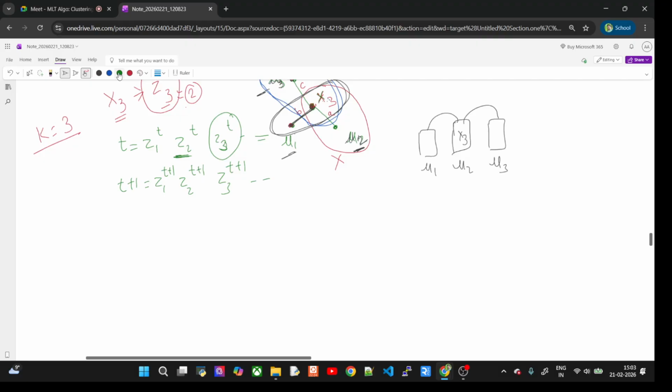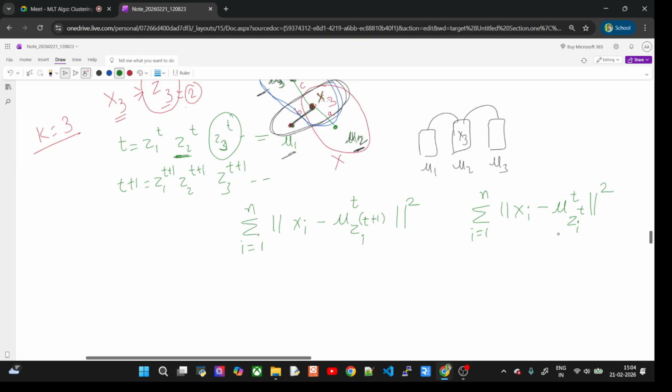So what happened now here: the distance is the sum over i equal to 1 to n of xi minus mu of zi at t plus 1, squared. And there is another term, the sum over i equal to 1 to n of xi minus mu of zi at t only, squared.